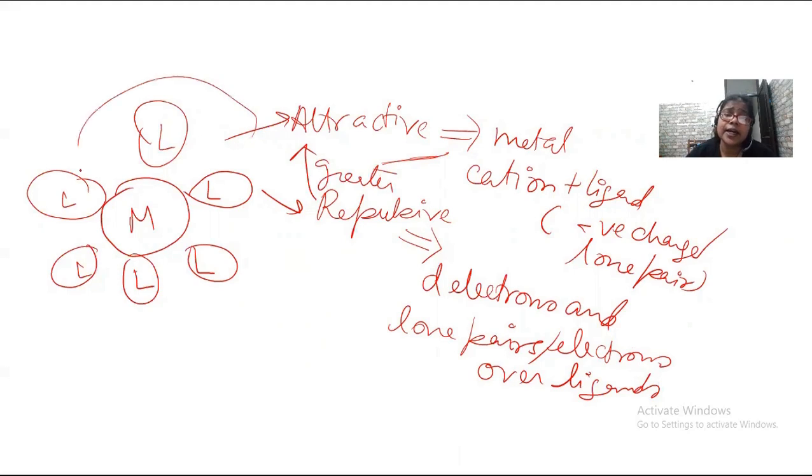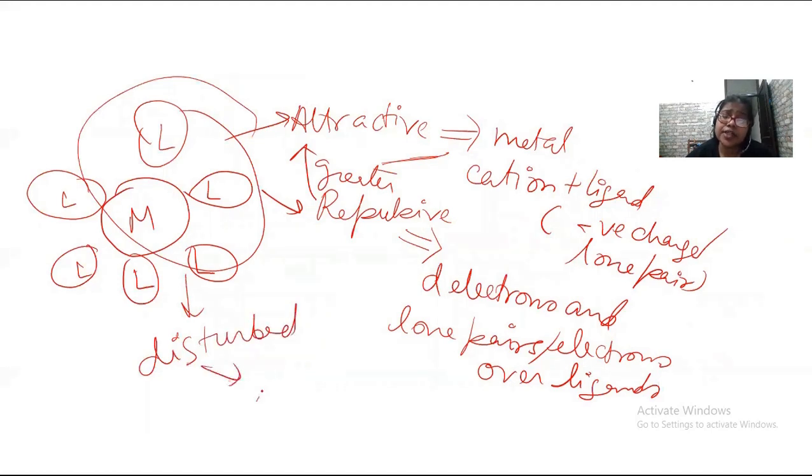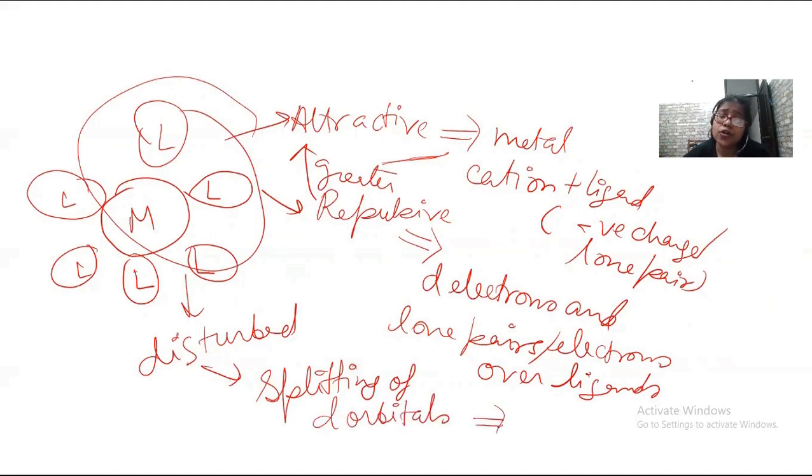And this entire configuration that we're seeing here is disturbed. In this disturbed configuration, what we see is splitting of d orbitals, which leads to loss of degeneracy.